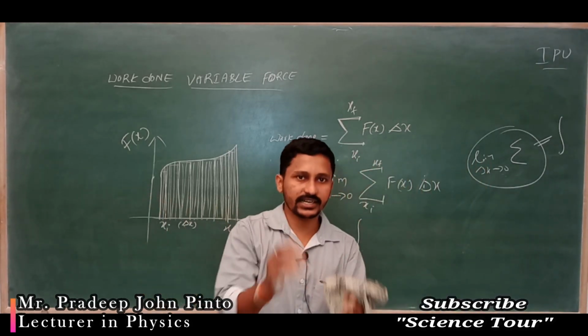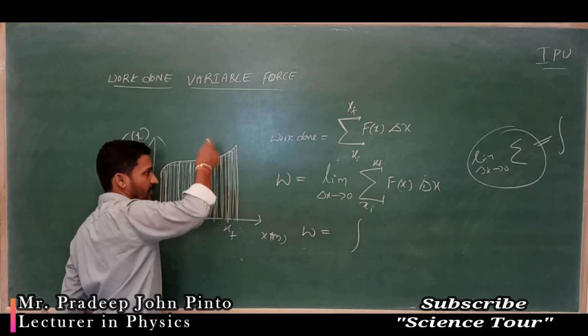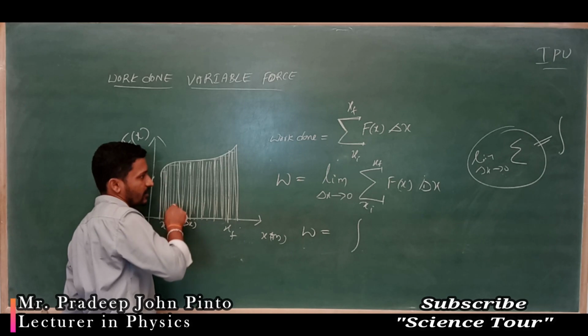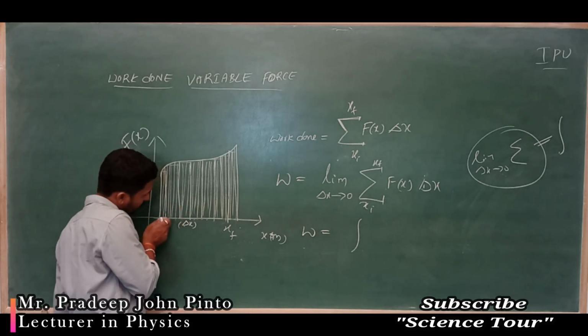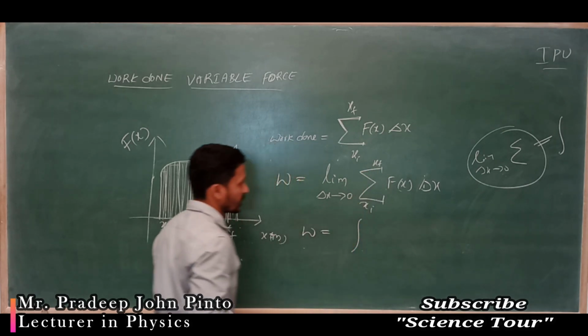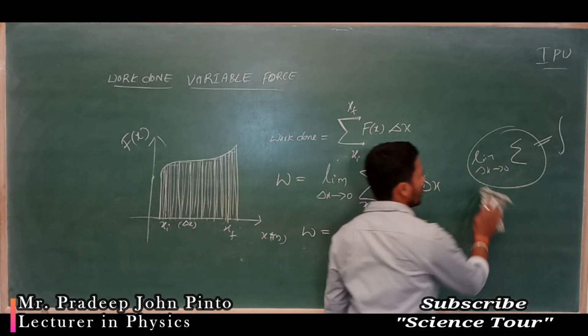Integration means integrating. Differentiation means I have divided. How have I divided? So that the small width becomes a small delta x. This itself I can write as integration, a symbol I can write.